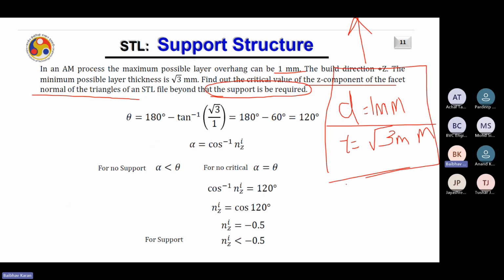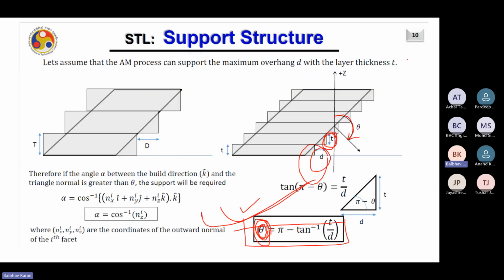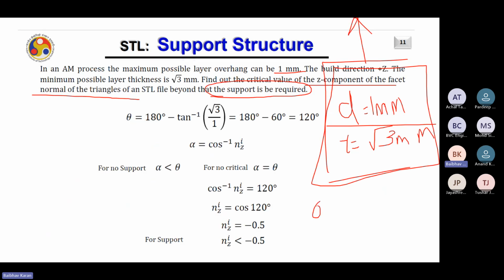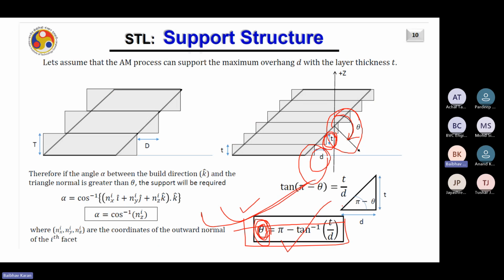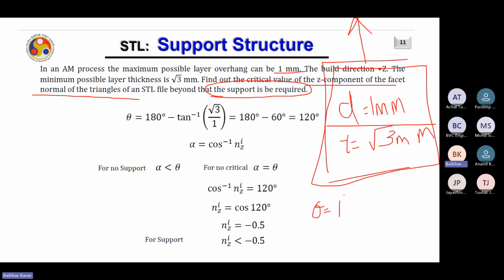If we try to print this, what will this angle be? It is given by theta equals pi minus tan inverse T upon D. You have the value of T, the value of D, and the value of pi.